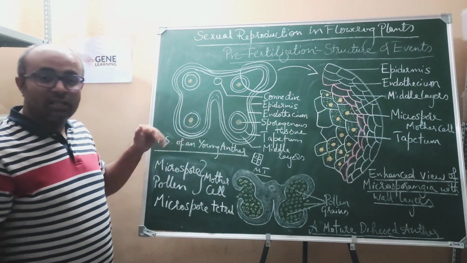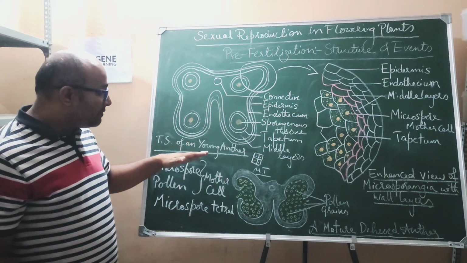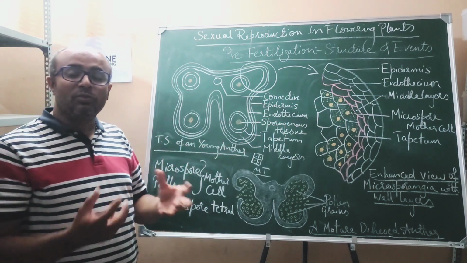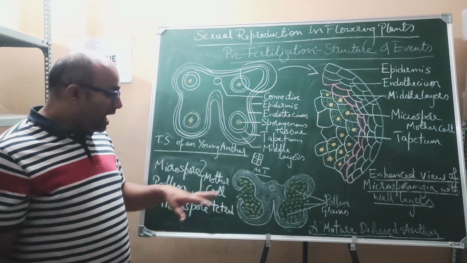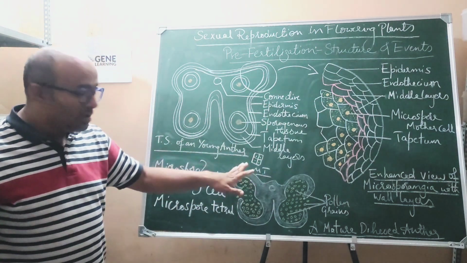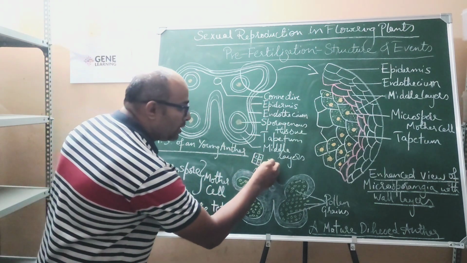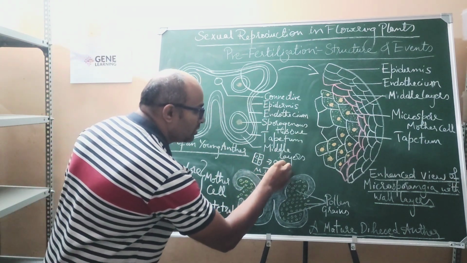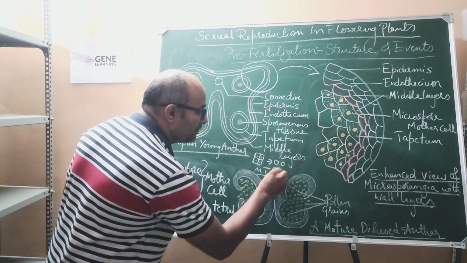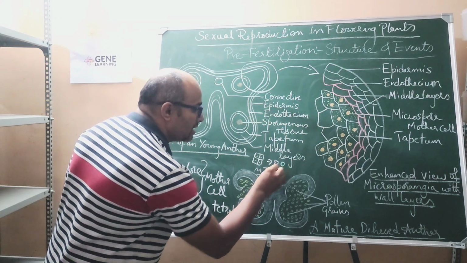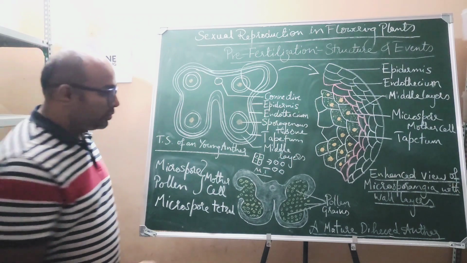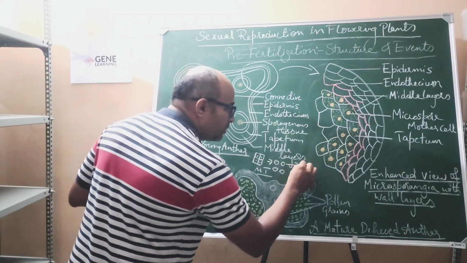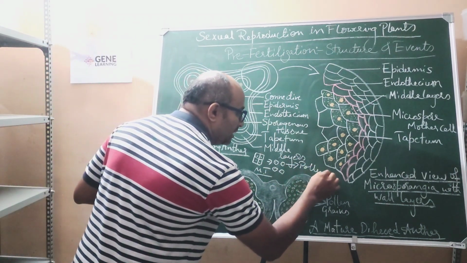Now, as I was explaining, as and when this anther starts to mature, it starts to dehydrate, and these microspore tetrads tend to dissociate from the tetrad condition, and later on each one becomes known as a pollen grain.